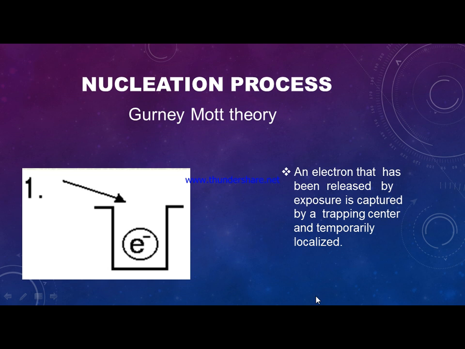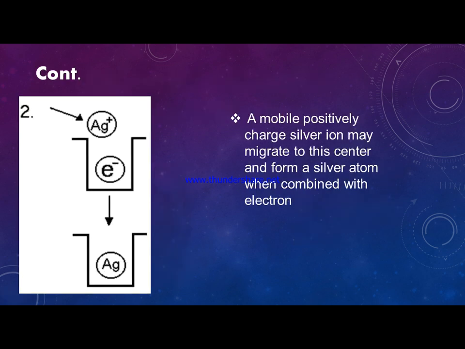In the nucleation process, the first theory is the Gurney-Mott theory. In the Gurney-Mott theory, an electron that has been released by exposure is captured by a trapping center and temporarily localized. A mobile positively charged silver ion may migrate to this center and form a silver atom when combined with the electron.